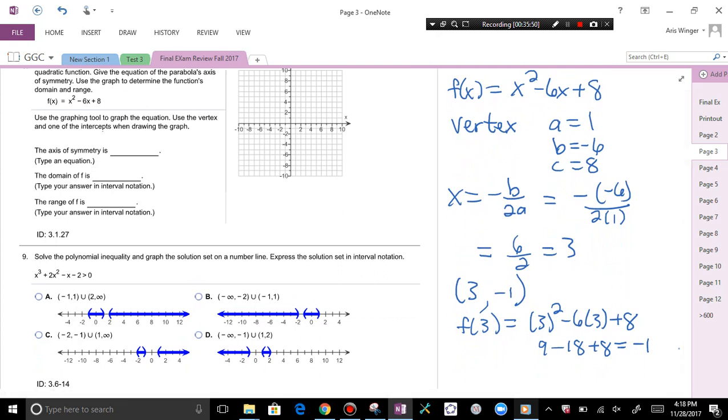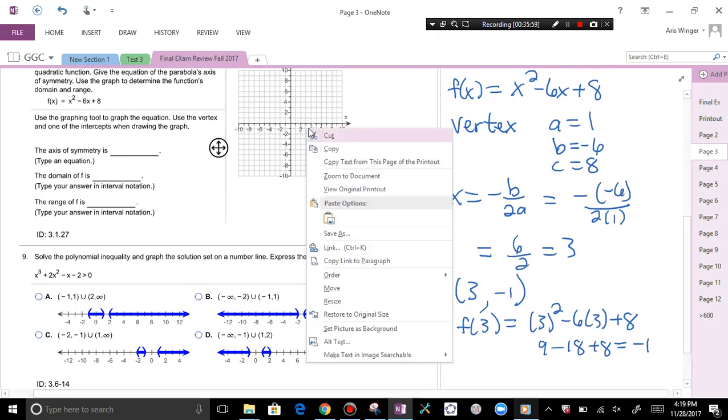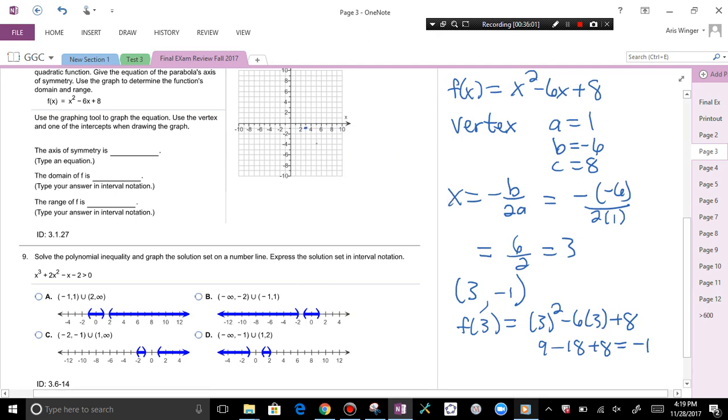Okay. Vertex is 3, -1. The axis of symmetry is x equals 3. The domain's the whole real line. The y-intercept is 8. So here's one point, and then 1, 2, 3, 1, 2, 3.